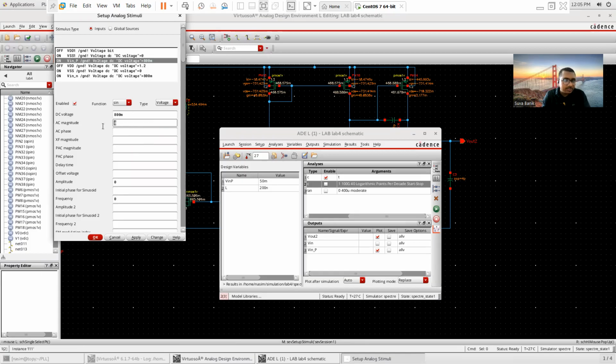I'm using AC magnitude 1 as amplitude, let's say 20 millivolt, and frequency, let's say 10 kHz.